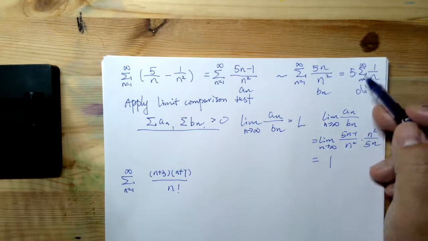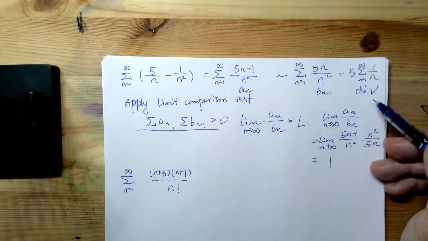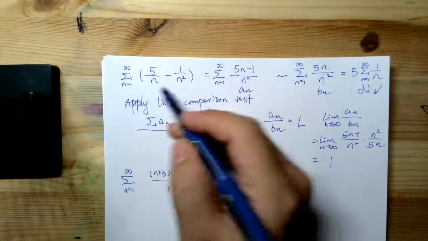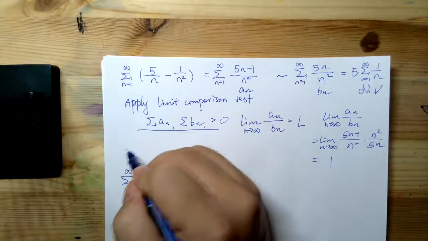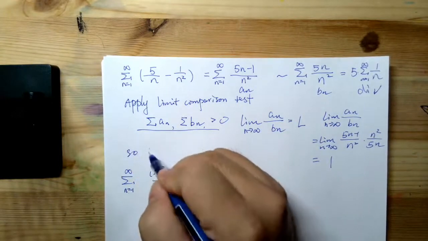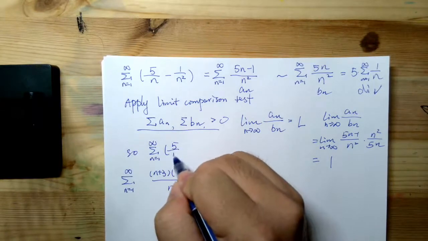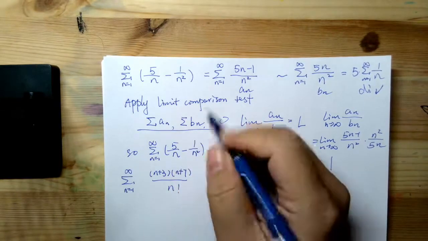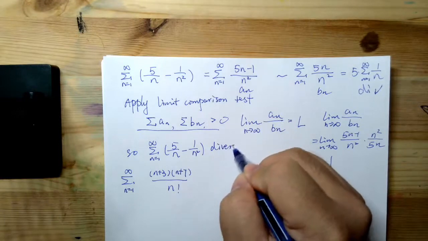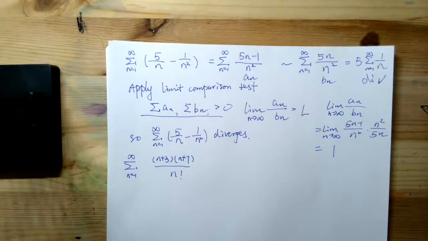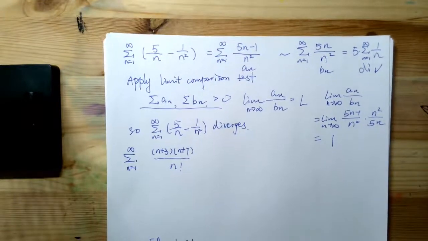My series b_n diverges since it's a harmonic series, so I can conclude my original series also diverges. Okay, so that's how we apply the limit comparison test.